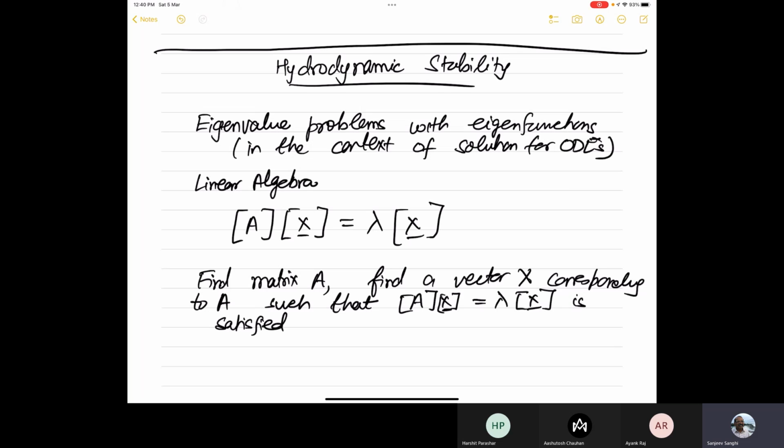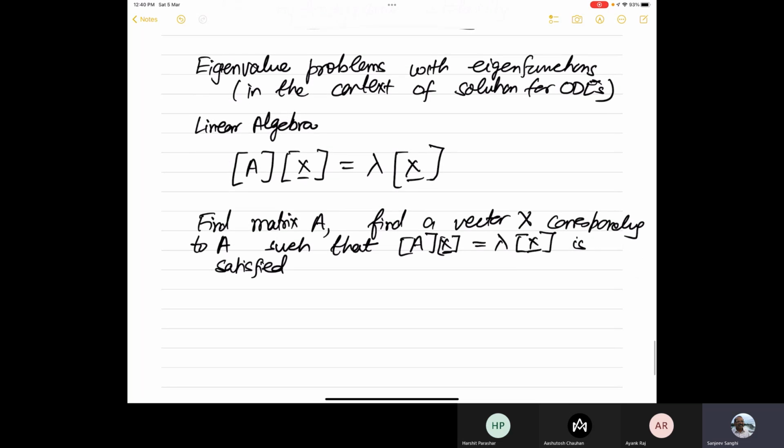Now, when you look at A times x, what are you doing? You are taking a dot product, you are projecting the matrix A on the vector x. And what you are saying is that this projection, when you project it, is parallel to vector x.